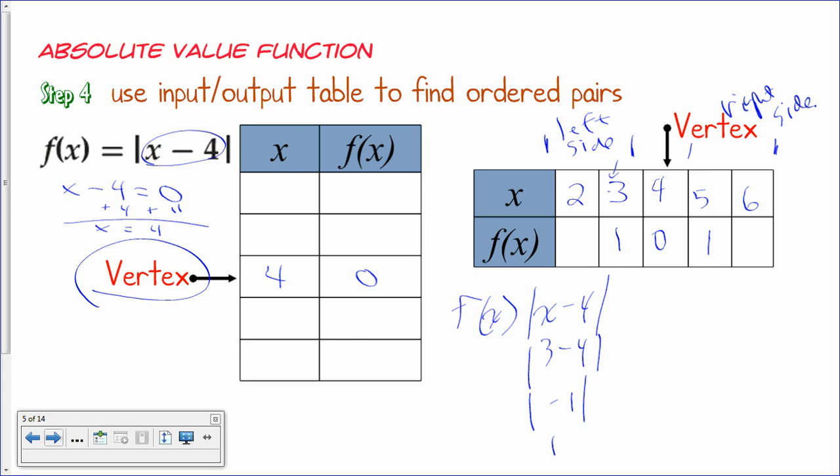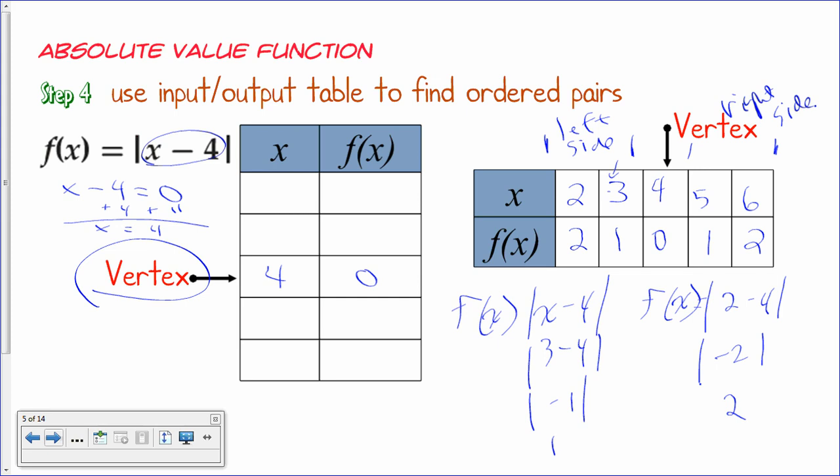Right? Okay, do it again for 2. F of x equals 2 minus 4. 2 minus 4 is what? Negative 2. What's the absolute value of negative 2? So this is going to be 2, and this side is going to be 2. You guys see it?